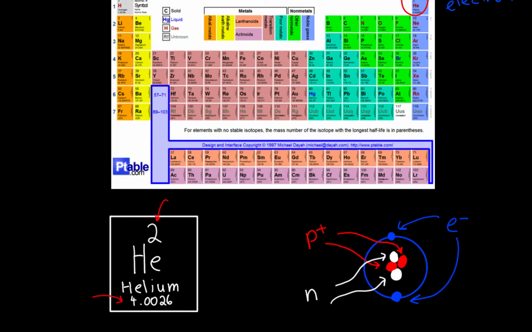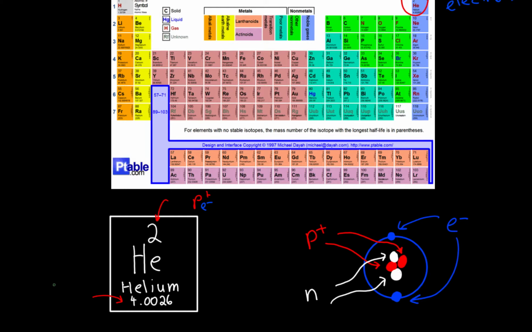What the atomic number tells us is the number of protons and electrons. So protons, P plus, and electrons as E minus. The 4 right here is its mass in AMU, and this gives us our protons plus neutrons.